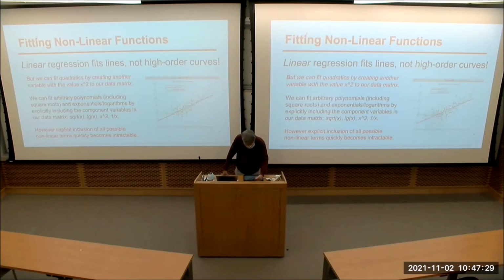Suppose I had a bunch of circles, and I knew the diameter of each circle, and I knew its area. You can imagine a world where you're trying to produce the area of a circle as a function of its diameter.